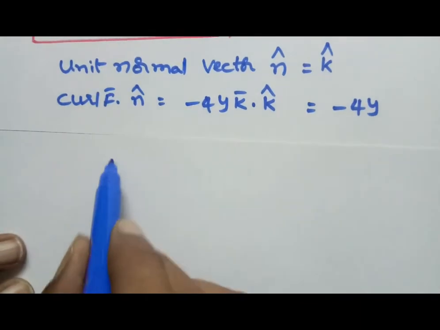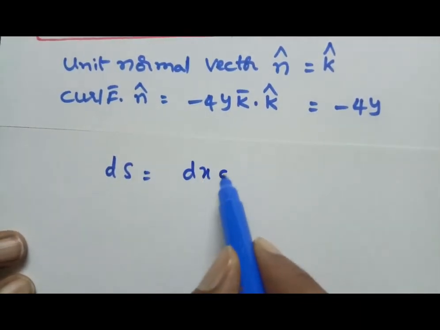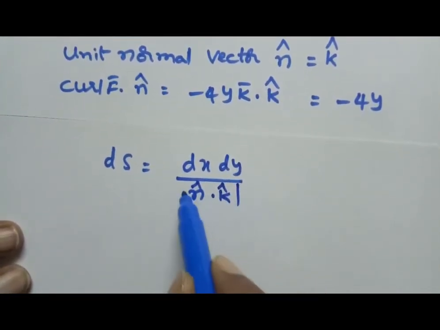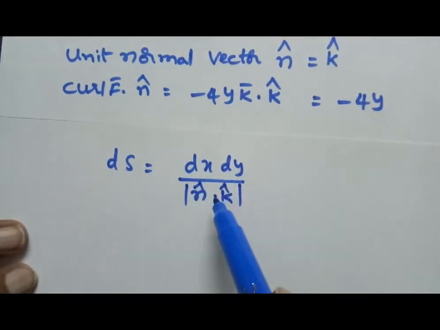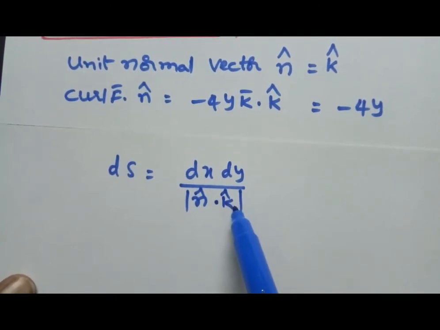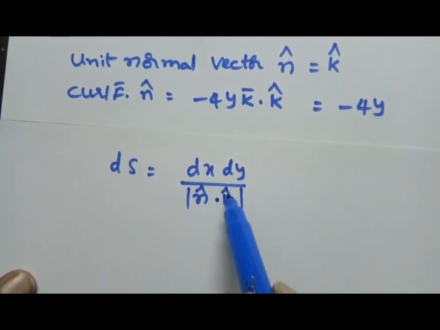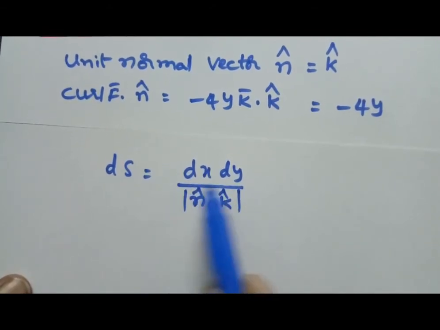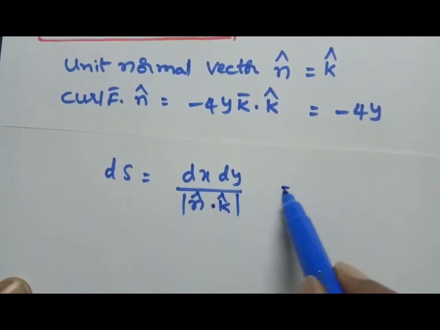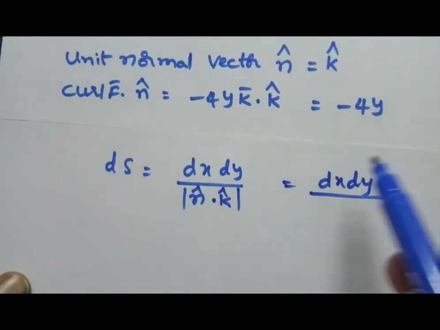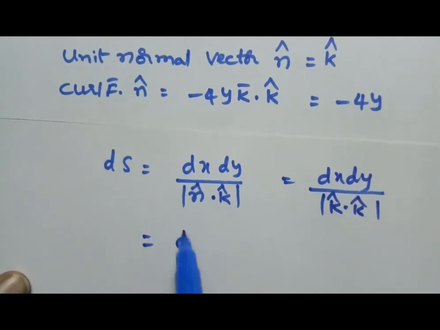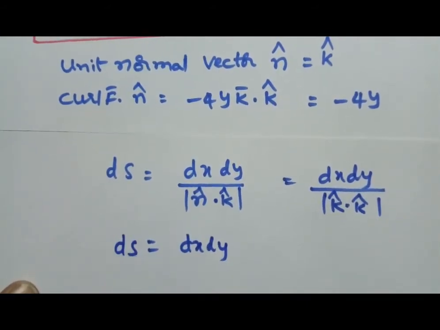And ds is equal to dx dy by modulus of n cap dot k cap. Since n cap is k cap, in the denominator we also get n cap dot k cap, where k cap is the unit vector along the z axis and the plane perpendicular to the z axis is the xy plane. Therefore this is equal to dx dy, this is ds.